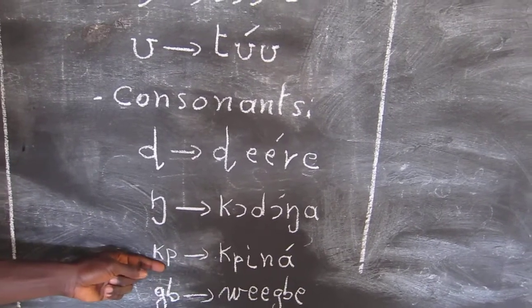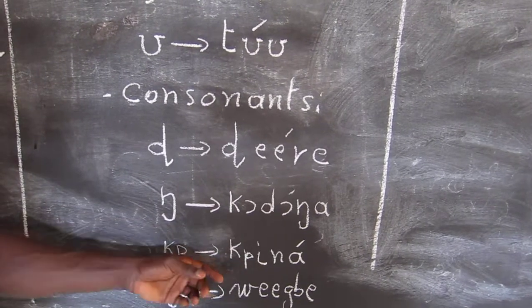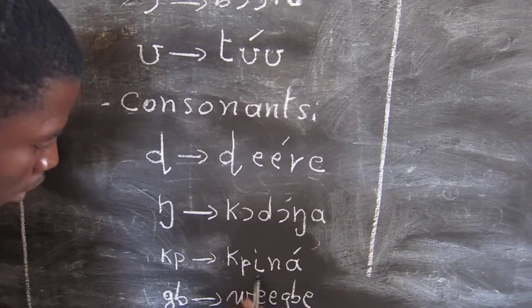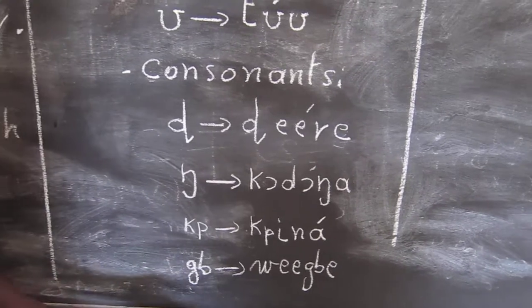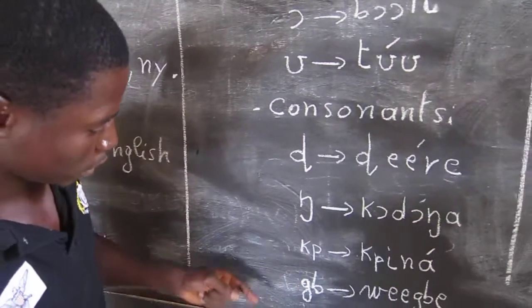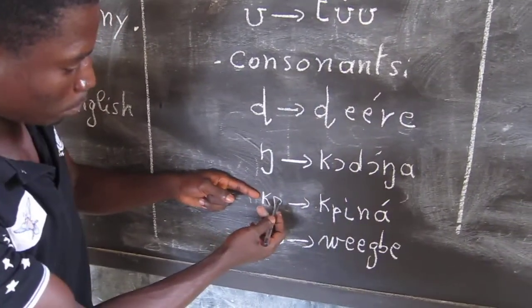And then we have this one, which is p. We can find it in the word pena, which means furniture or luggage or goods, it depends. And then it is the combination of k and p.